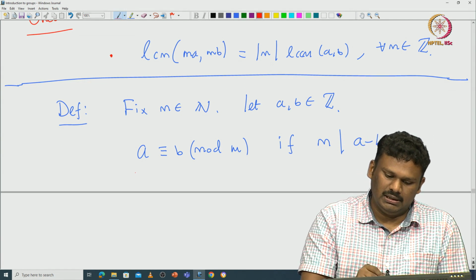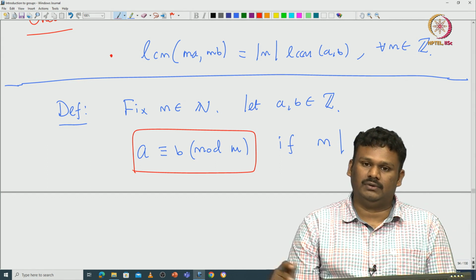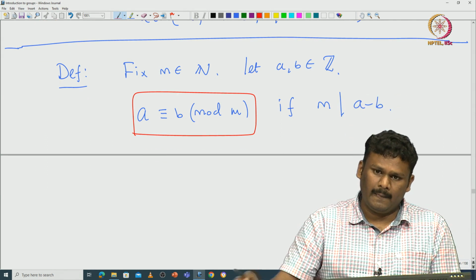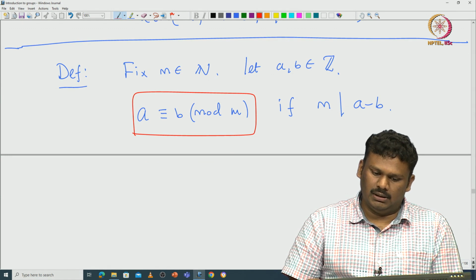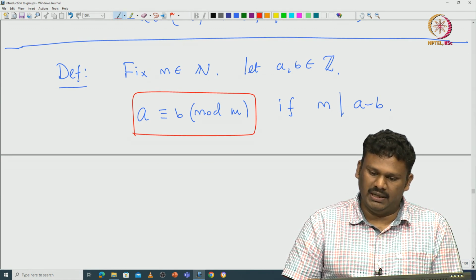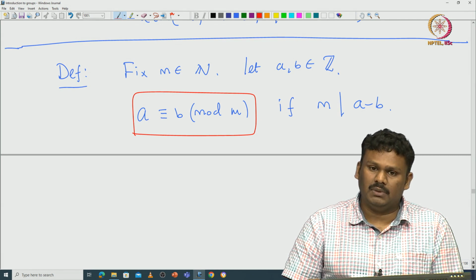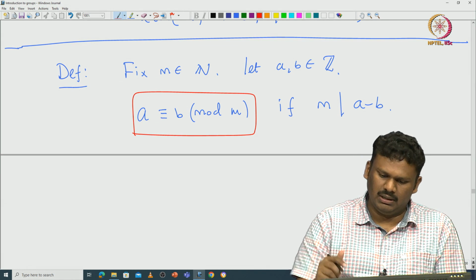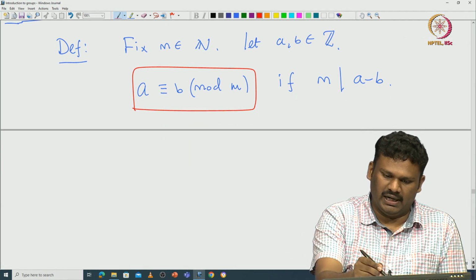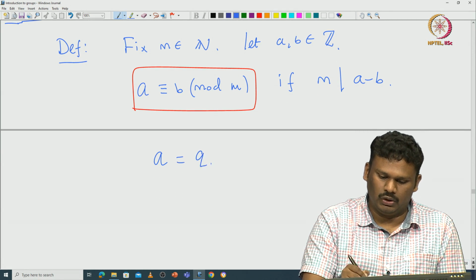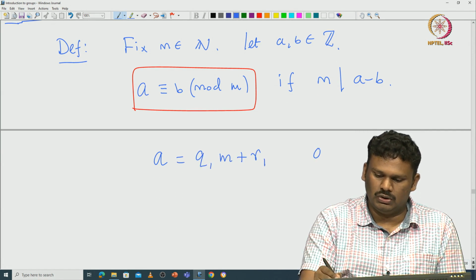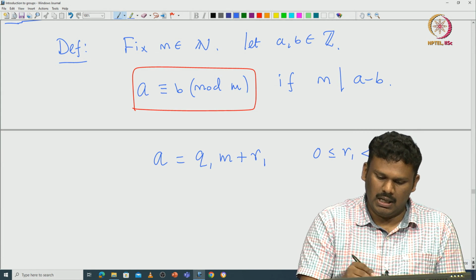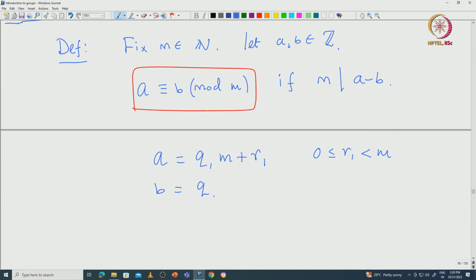Basically, if you think in terms of remainders, the remainder that you get by dividing A by M and B by M should both be the same. Let us see. You have A, you divide by M, so you get Q1 M plus some R1, where 0 is less than or equal to R1, which is less than M. Then you divide B by M and you get a remainder R2, which is again less than M. So what happens?